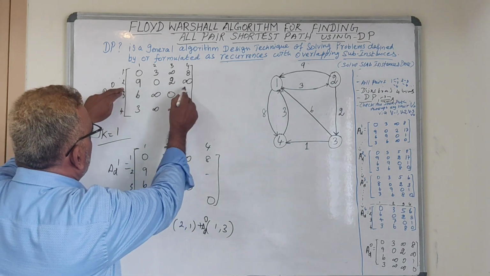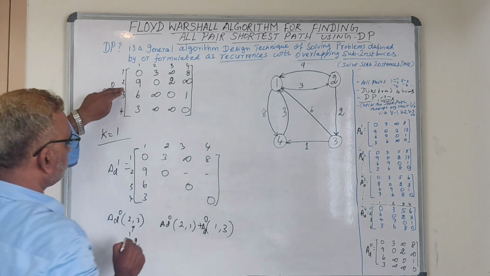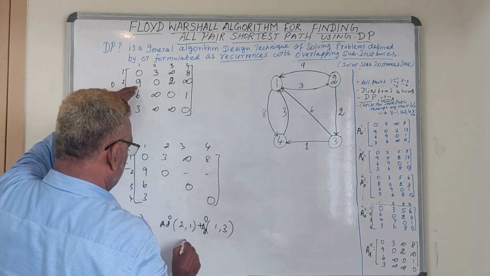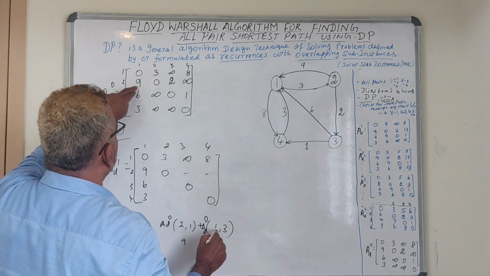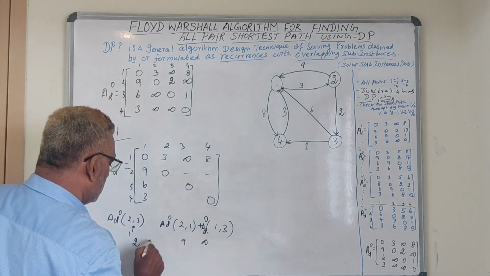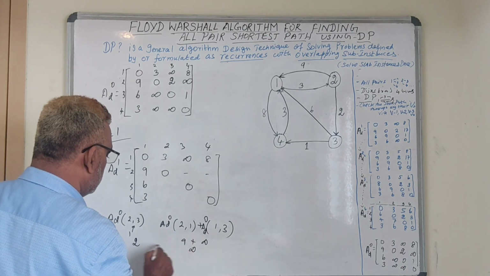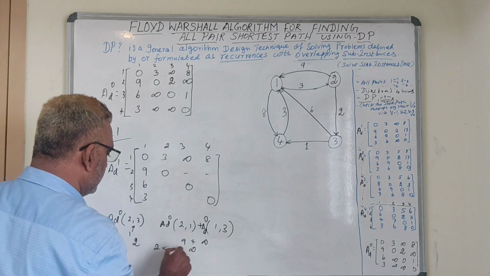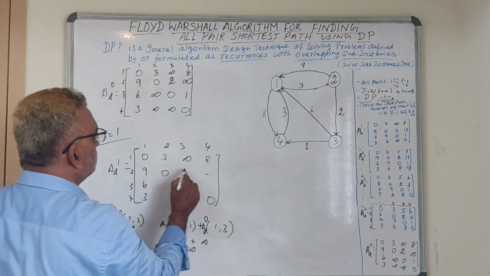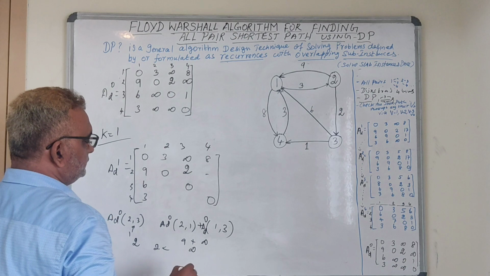From here you have to get the values. AD0 2,3 is nothing but 2. AD0 2,1 is 9, and 1,3 is nothing but infinity. So this 9 plus infinity is nothing but infinity. The 2 is lesser than this value, so automatically we consider that value as the resultant value. So 2,3 is nothing but 2.